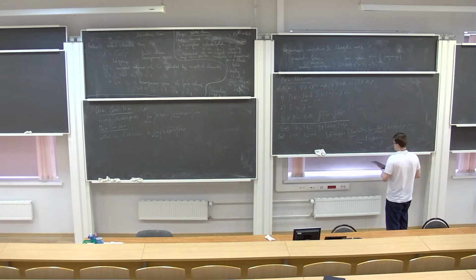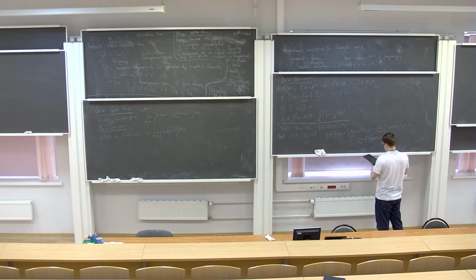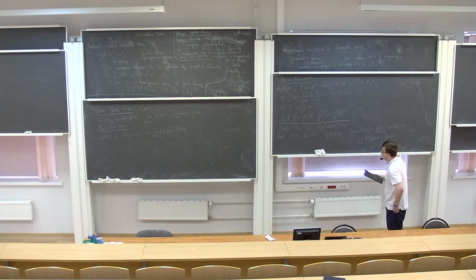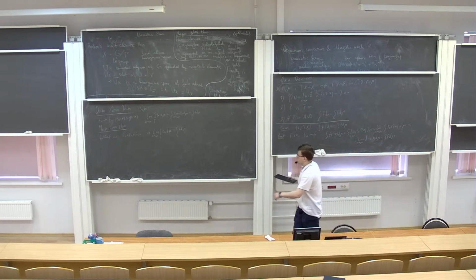And then we can swap the symbols of integral and limit again because of the dominated convergence theorem, and we get the integral of f d mu. Okay, so we proved this proposition, which we're going to use a bit later.